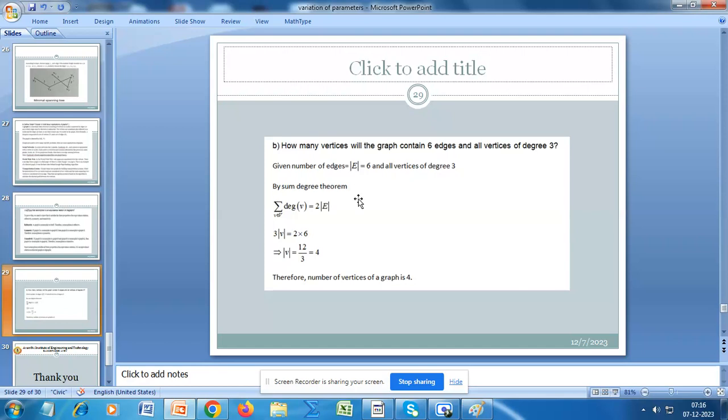So by the sum of degrees theorem, the sum of degrees of a graph is equal to twice the number of edges. Given that all the vertices are of degree 3, that is 3 into v is equal to 2 into 6. So the number of vertices is equal to 12 by 3, which is 4. That's enough.